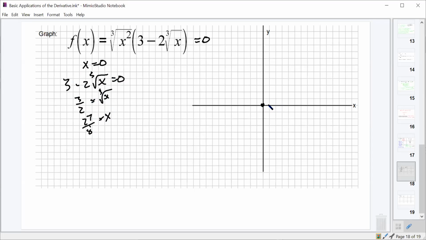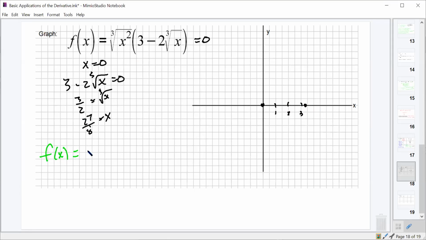So here's 1, 2, 3, and actually let's make each 2 boxes 1 again. So right around there. Then we'll use our first derivative. And personally, if it were me to find the derivative of this rather than using the product rule, I would distribute this through first.